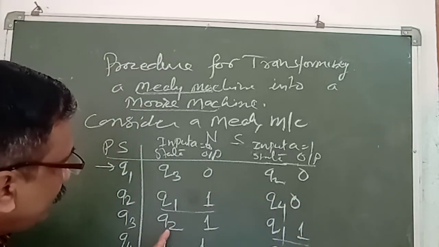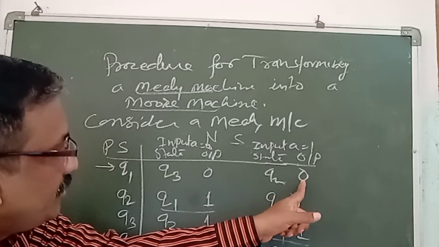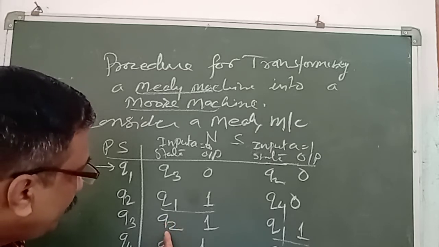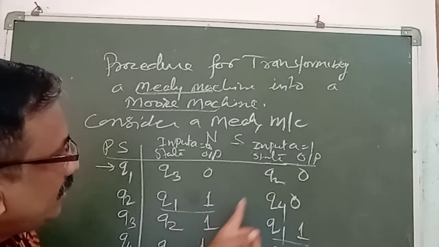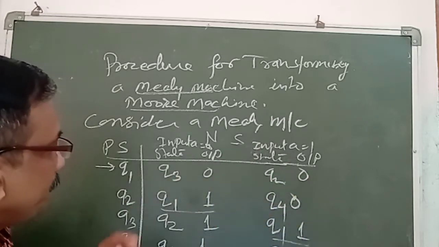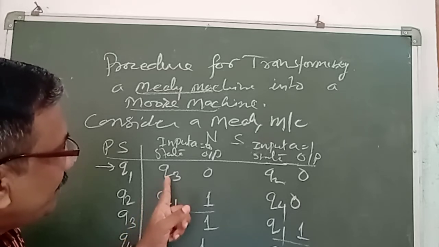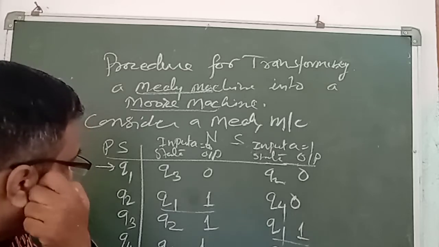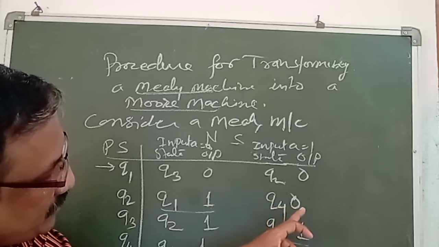For state Q2, output associated with state Q2 is 1 and 0. For state Q3, output associated with state Q3 is 0 and 0. And for Q4, it is 1 and 0.